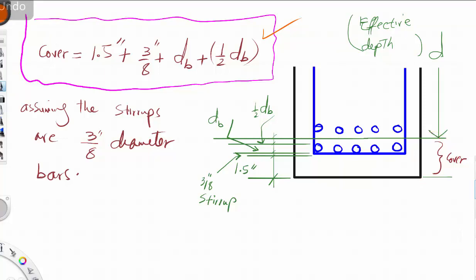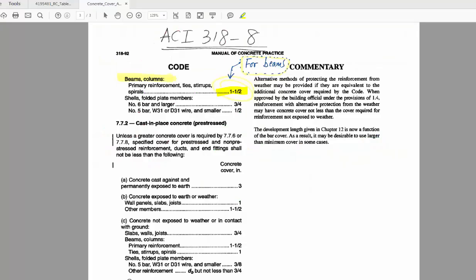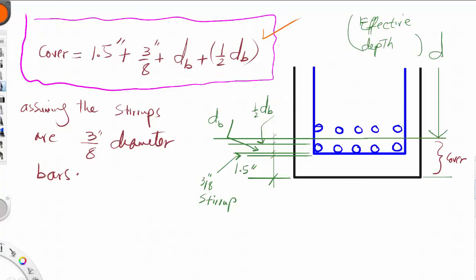The formula says 1.5 inch, and that's from the building code for American. It says you need to use 1.5 inch clear cover, and there is also the thickness of the stirrups. These are called stirrups.